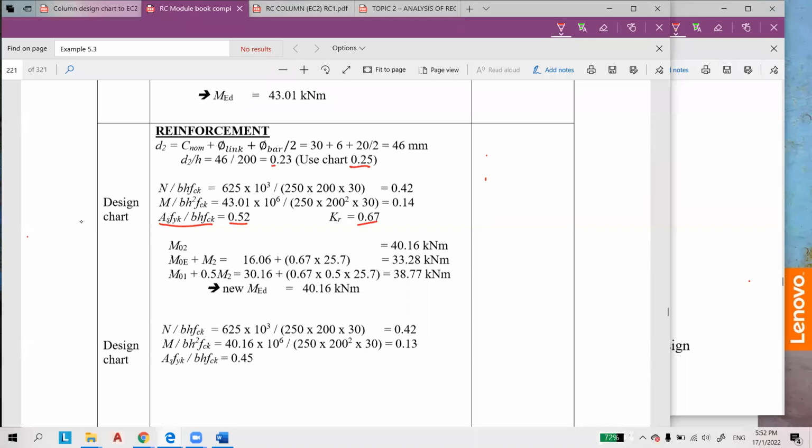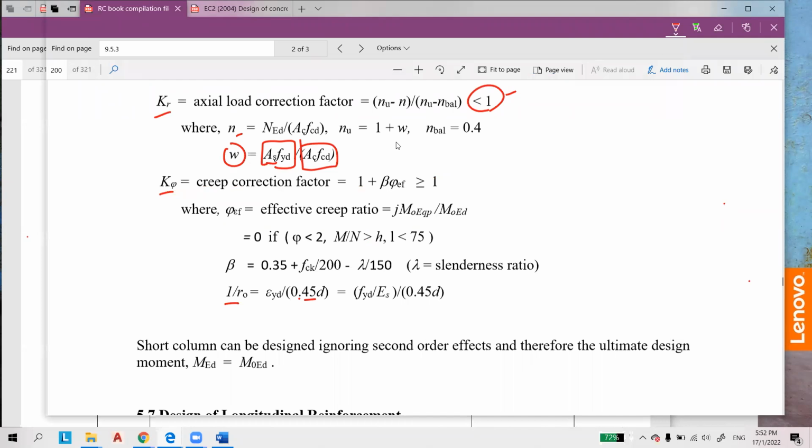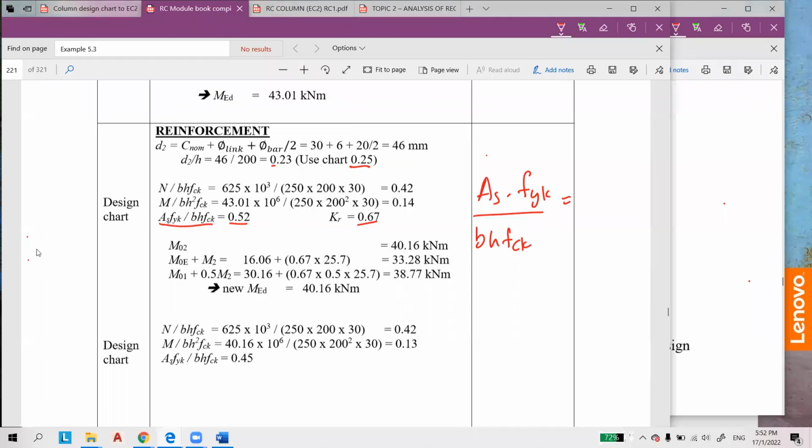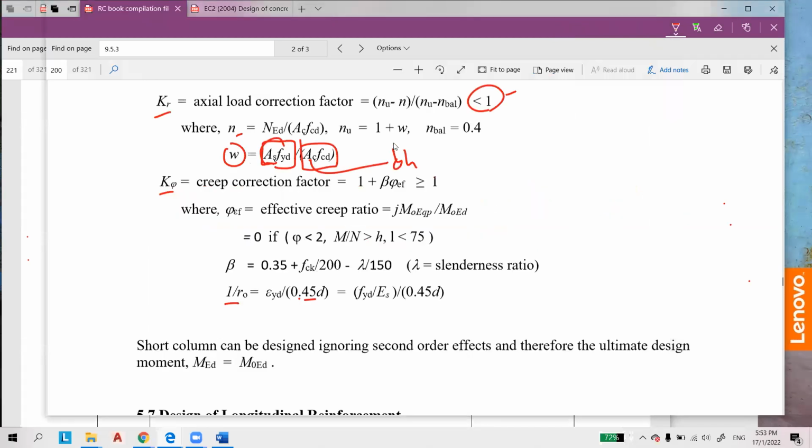This is As fyk over b h fck, where As fyd is equal to 0.87 fyk, divided by Ac fcd.